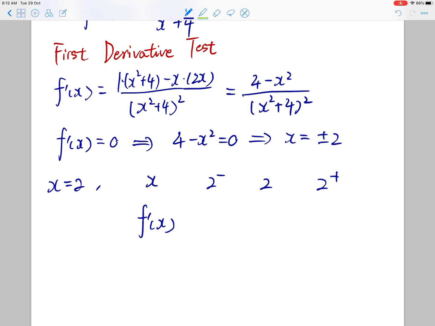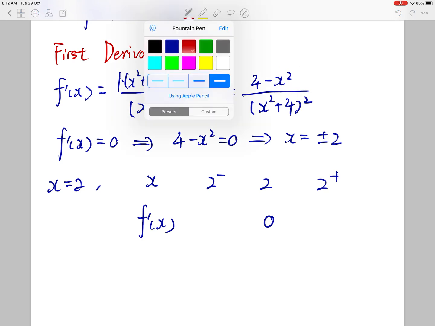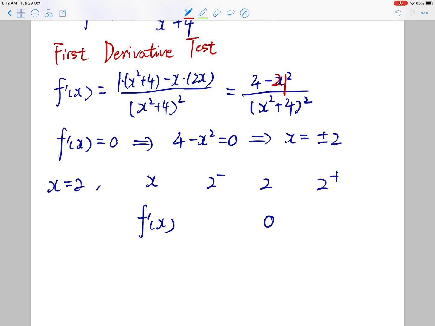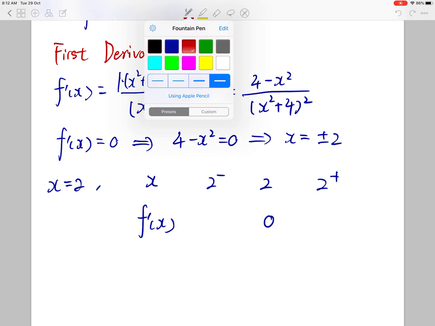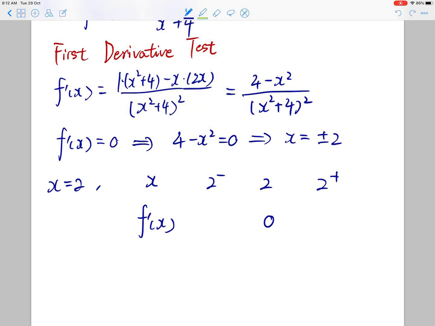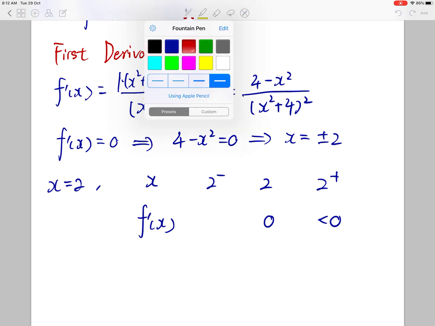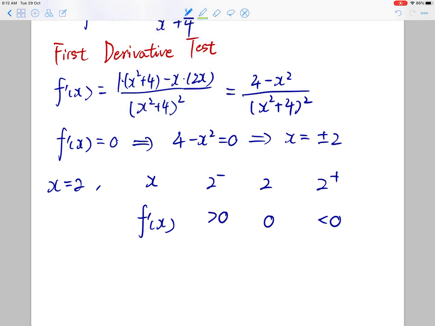At point 2, the derivative is 0, right? When x is slightly greater than 2, for example 2.1, this numerator is negative. So when x is slightly greater than 2, the derivative is negative. When x is slightly smaller than 2, for example 1.9, this square is 3 point something, so the numerator is positive. So the derivative is going to be positive.